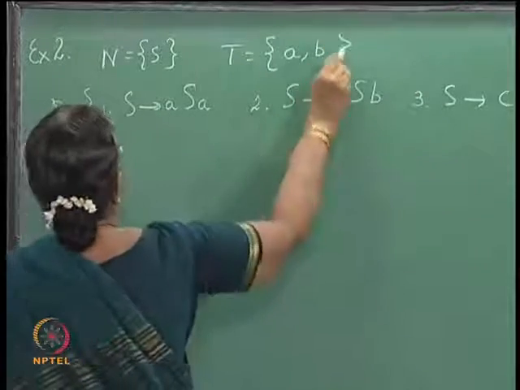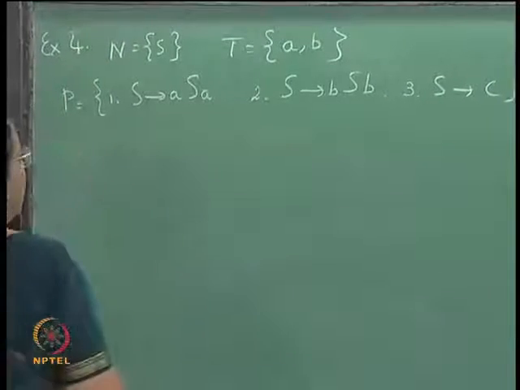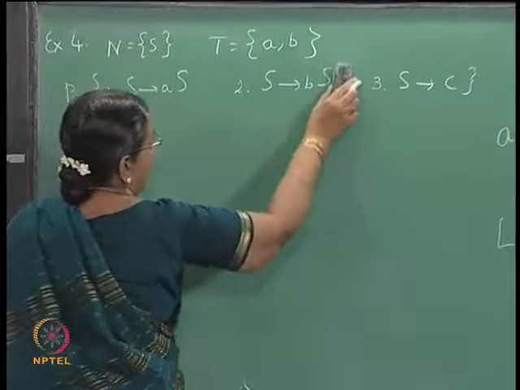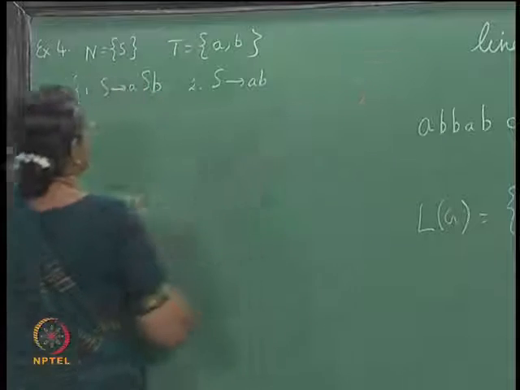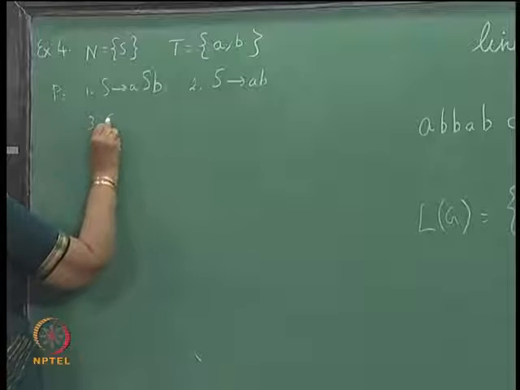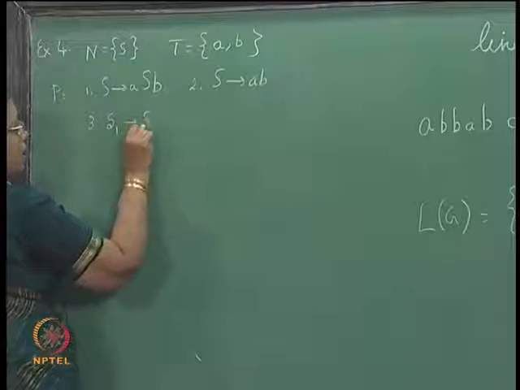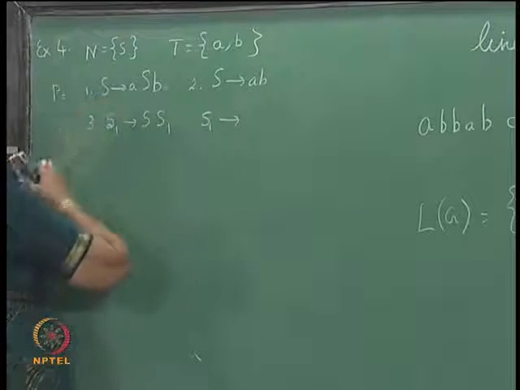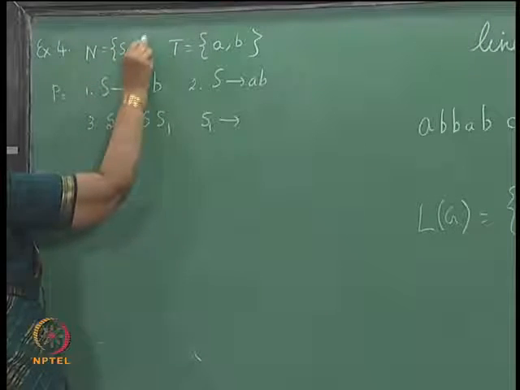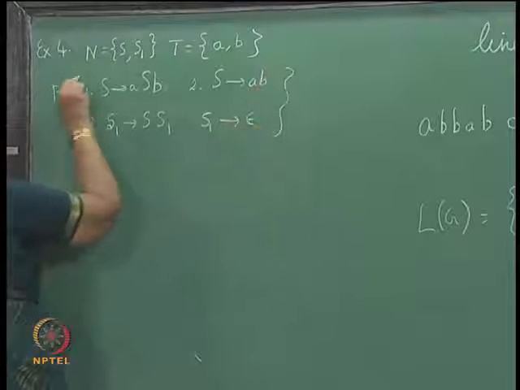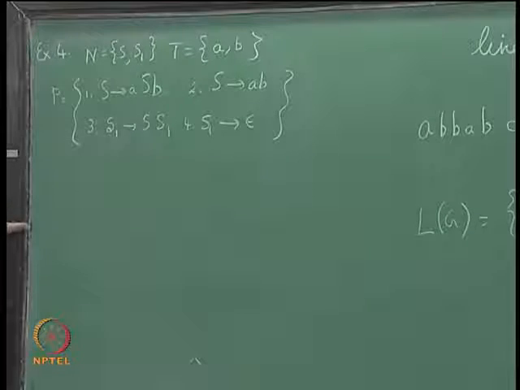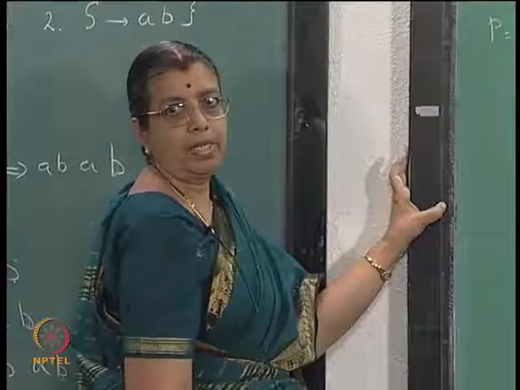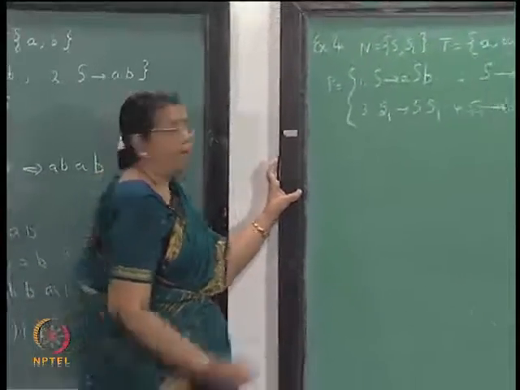There are only two terminal symbols, A and B. There are two non-terminals, S and S1, and four rules: S1 goes to S S1, S1 goes to epsilon, S goes to A S B, S goes to A B. Now S1 is the start symbol.